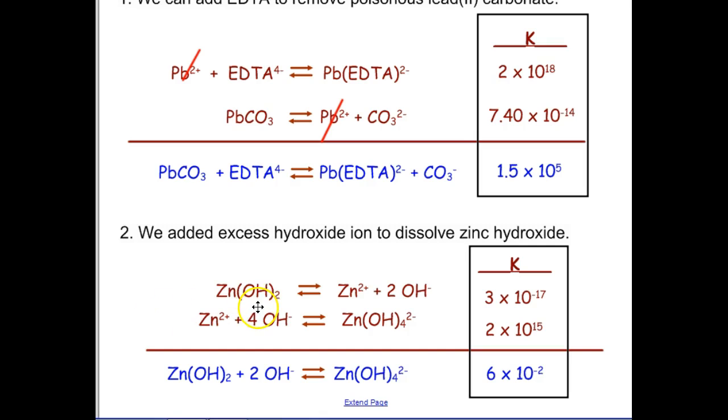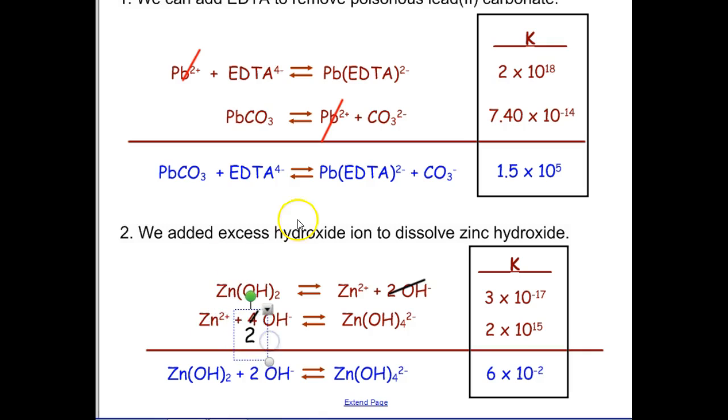And you can see the excess hydroxide ions will cross off some. So we cross off two of the hydroxides here and two of the hydroxides there, making it a 2. Oops, way too big. Shrink that.